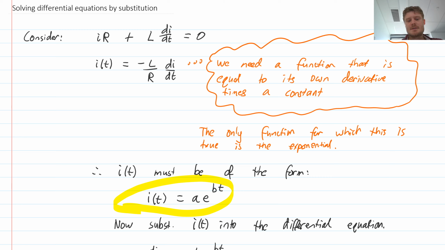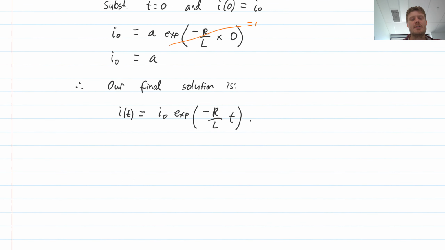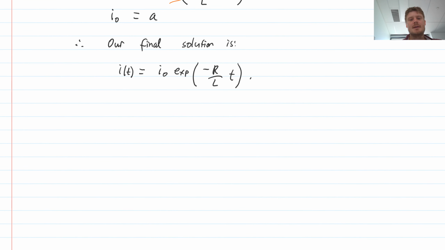If it's a linear differential equation, linear meaning that there are no I squared terms or squared terms involving the derivative, and it has constant coefficients, the solution will be an exponential. So you can assume that you know the correct functional form, you just don't know the coefficients. Then you substitute into the equation, do some math, and find the values of those coefficients, and that leads you to the final solution.